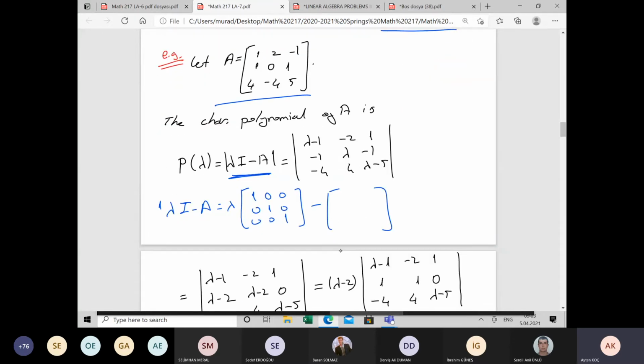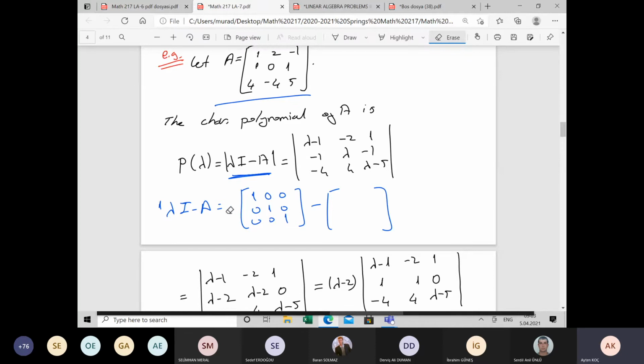We obtain this one: lambda minus 1, 2, minus 1, 1, 0, 1, 4, minus 4, and 5. Minus means multiplied by minus 1, so we obtain minus 1, and the signs. It's okay, this one.